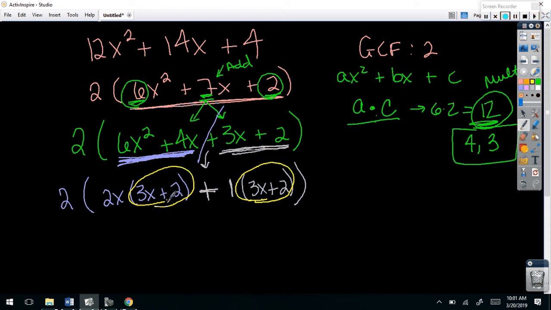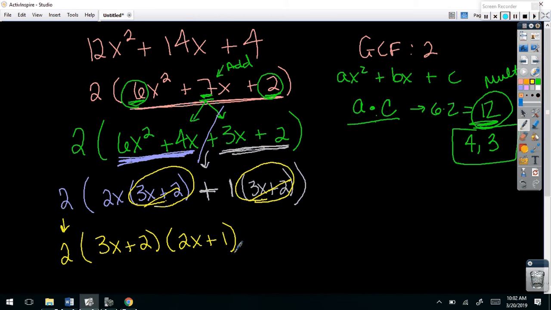Here's what we're going to do when you get to the point when they're exactly the same. All right, this is still here. Don't even worry about that. You're not going to ever worry about that again right now. All right, let's just keep bringing it down. We're going to write 3x plus 2 one time, just once. And what's left? 2x and 1, right?